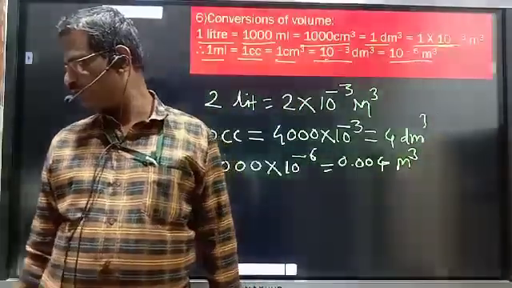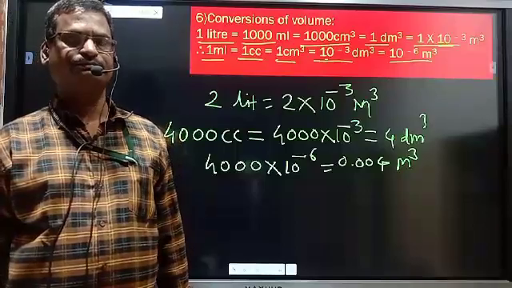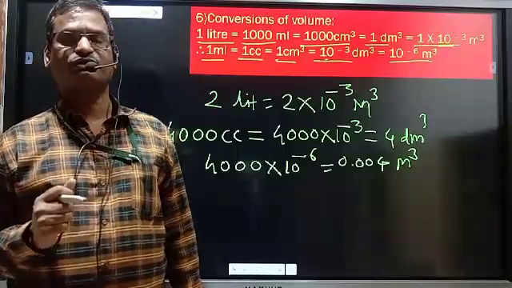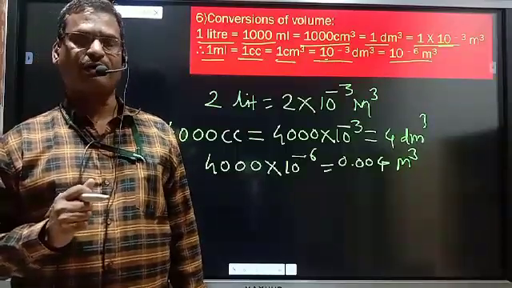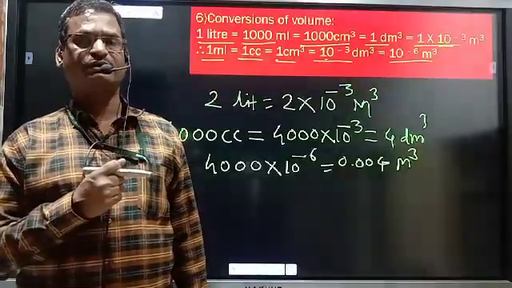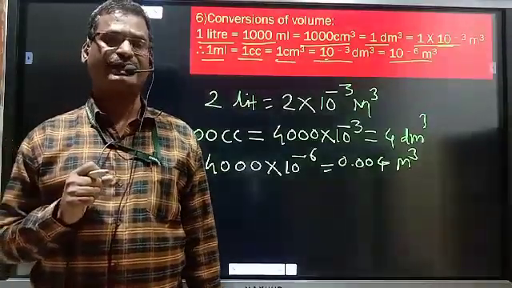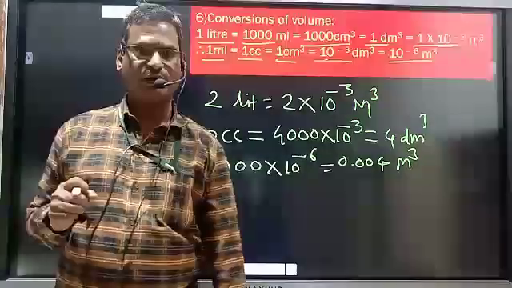Conversions of volume are also important, same as the conversion of pressure, for solving the problems. In the next lecture, we will see the concept of maximum work and expression for maximum work.